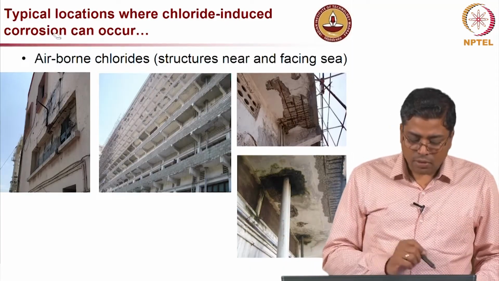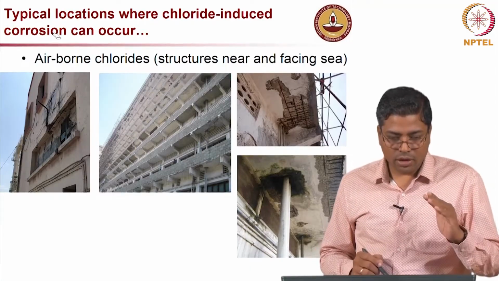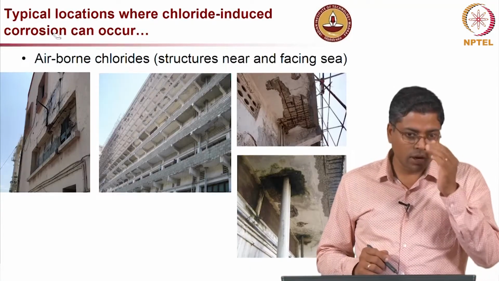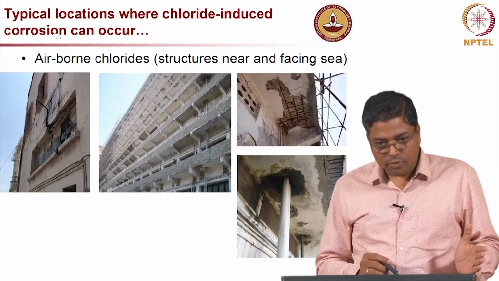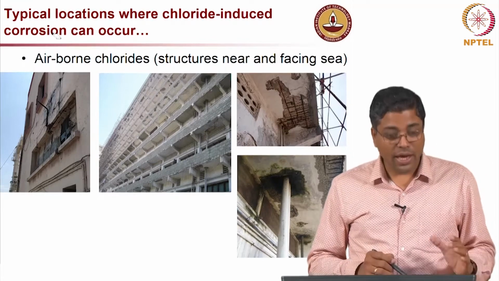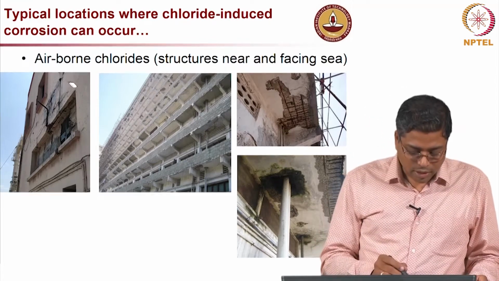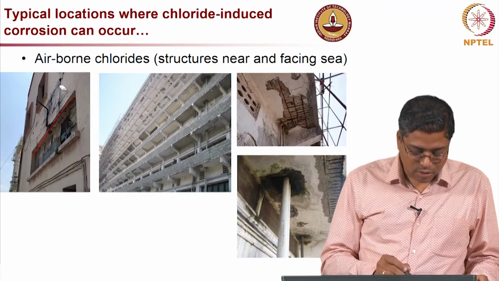Okay. Now, the other locations we talked about involve direct contact with the sea water or being very close to the sea water. If you move a little bit away from the seashore, you can still have a lot of airborne chlorides. This is one building where you can see very severe corrosion and cracking.